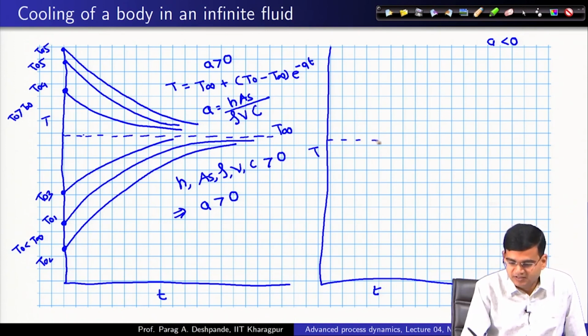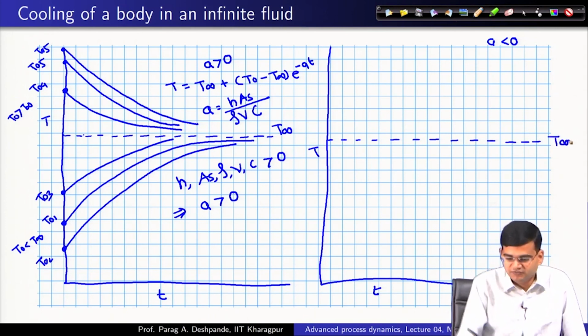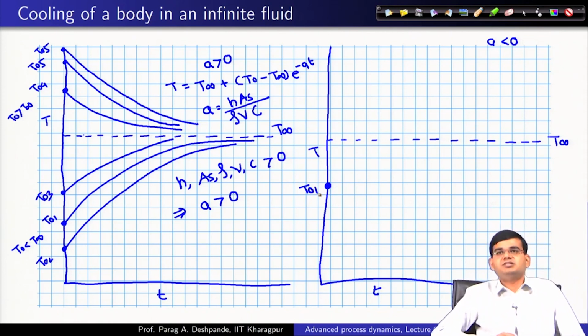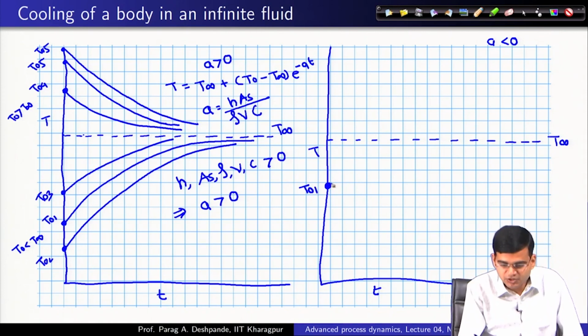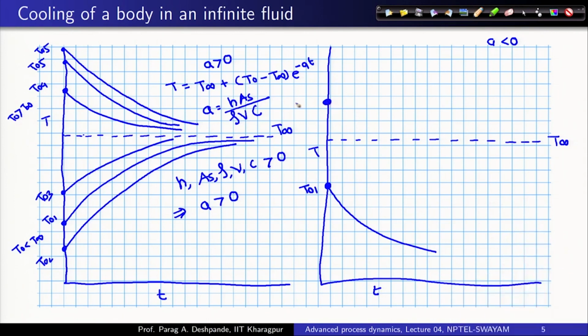Well, you will have again the same equilibrium solution t infinity. So, if you start with t 0 1, what is going to happen? You will not reach here, in fact you will go down, and for t 0 2, which is greater than t infinity, you would rise here.